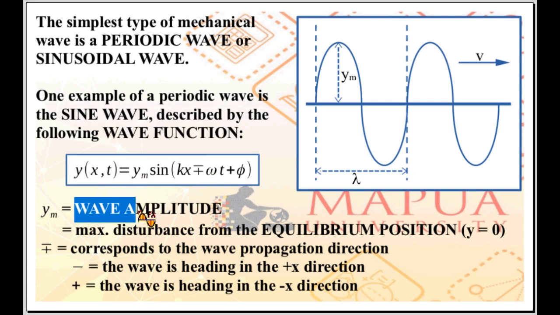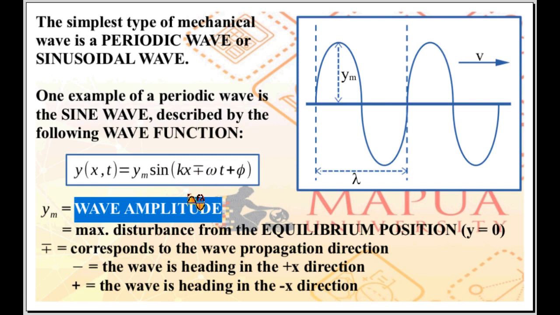Ym is the wave amplitude. Wave amplitude is the maximum disturbance that the particles may have from the equilibrium position. Equilibrium position, again, for our system of particles is along the x-axis. So the equilibrium position is y equal to 0. Wave amplitude: maximum disturbance from the equilibrium position.